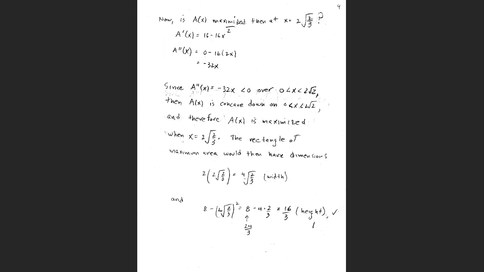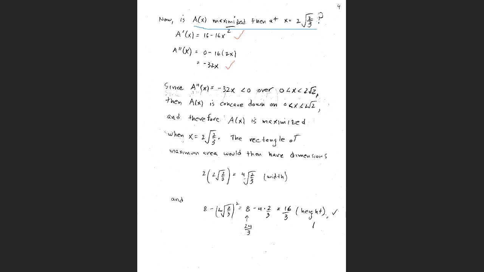So the question now is, is our function A of x maximized at x equals 2 times the square root of 2/3? And what I'm going to do is look at the second derivative. The first derivative here, as you know, A prime of x is 16 minus 16x squared. The second derivative, A double prime of x, would equal negative 32x.